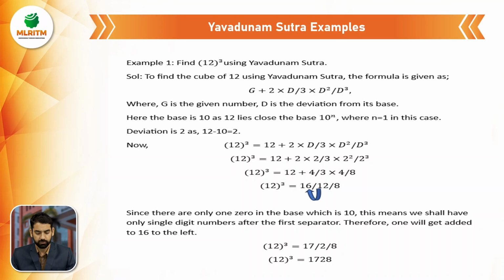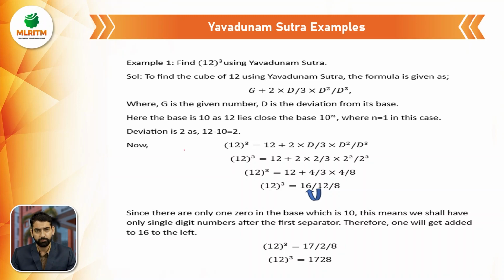D is the deviation from its base. Students, you all know that the base is 10 because 12 lies close to the base 10, and the deviation is 12 minus 10, that is 12 is 2 greater than the base, so d is 2.